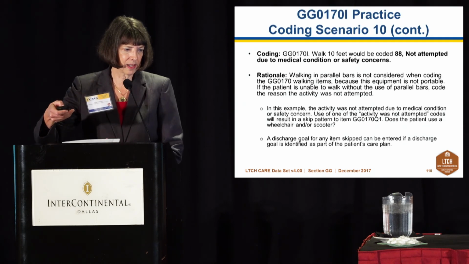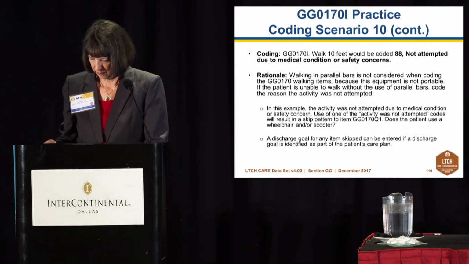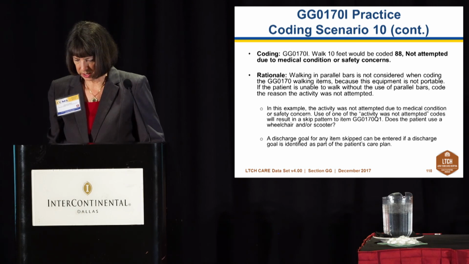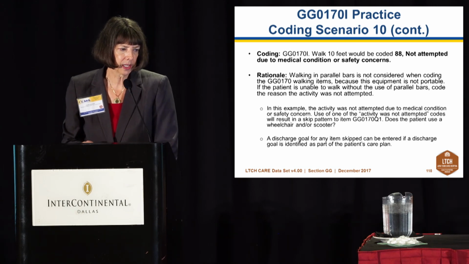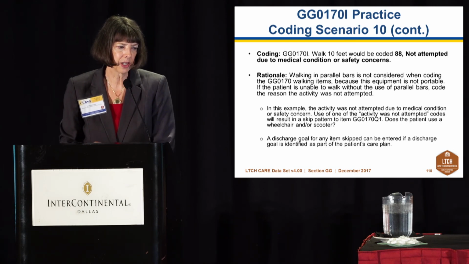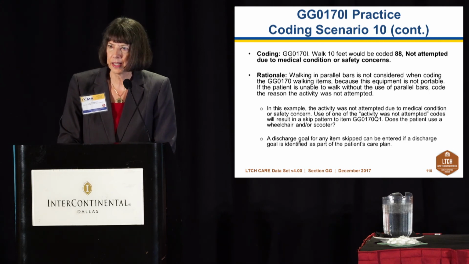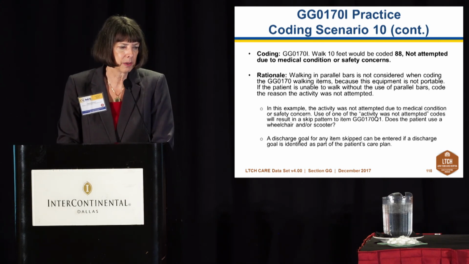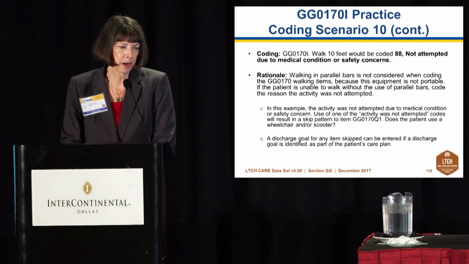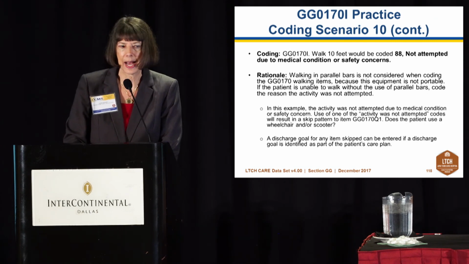And in this case, this patient did not walk. So if we look at coding this, the rationale, we also considered, and I wasn't sure if you folks were going to notice that, but you did, that walking in parallel bars is not considered when coding the GG0170 walking items because it is equipment that's not portable. So if the patient was unable to walk without the use of parallel bars, code the reason the activity was not attempted.